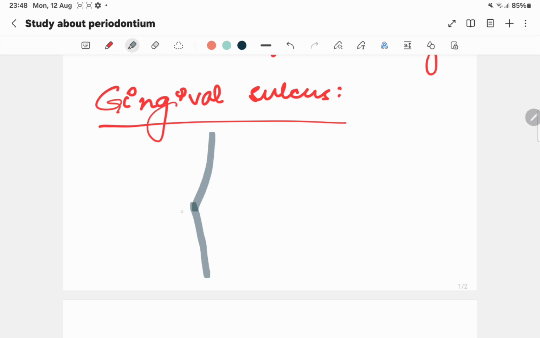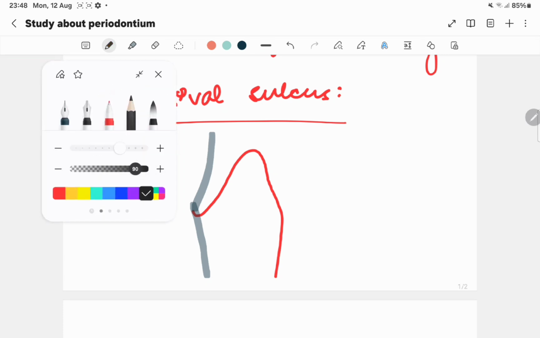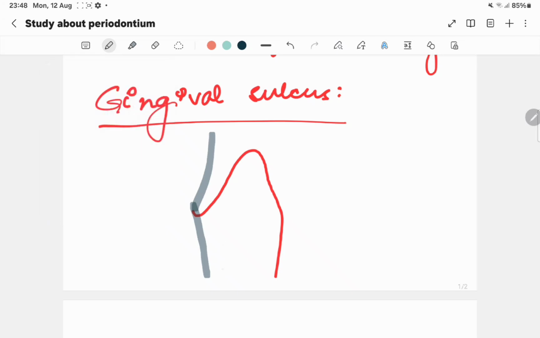Imagine this is the cross section of the tooth, and this is how your gingiva is getting attached. And this is the alveolar bone.